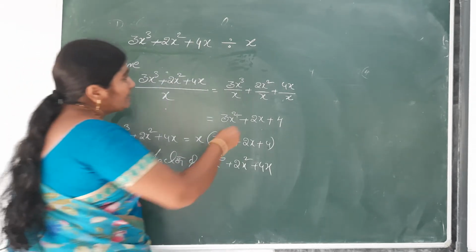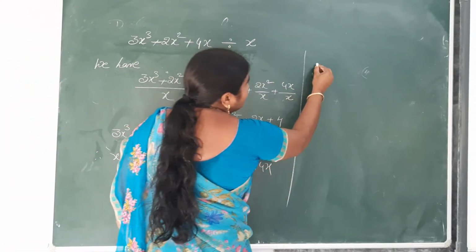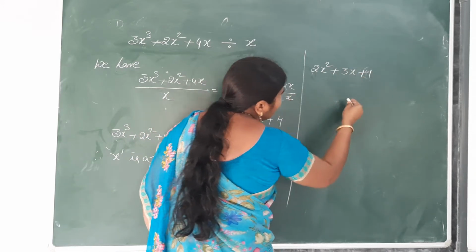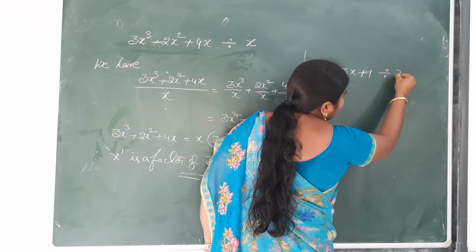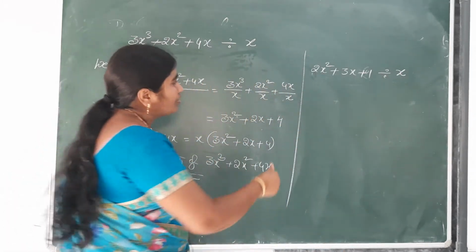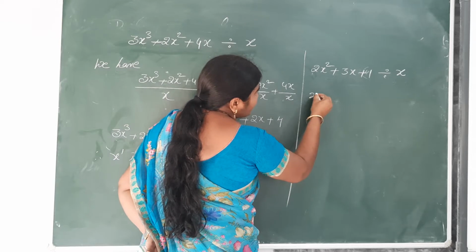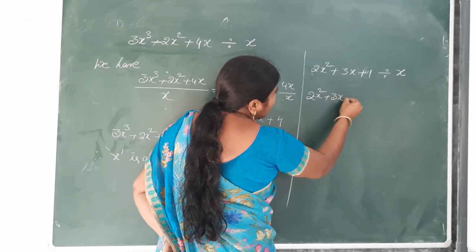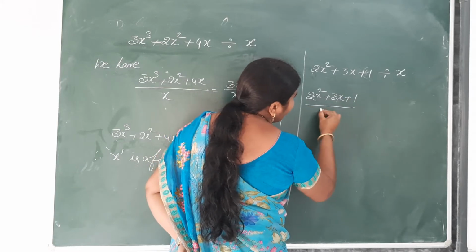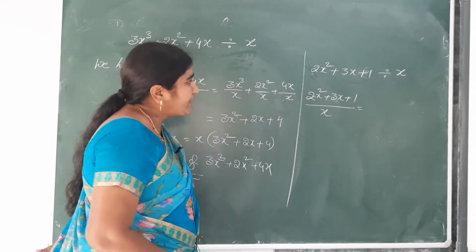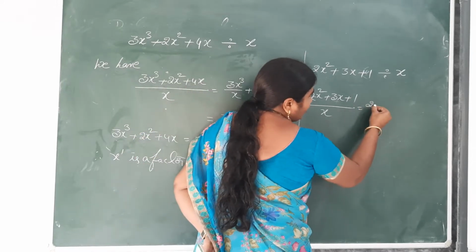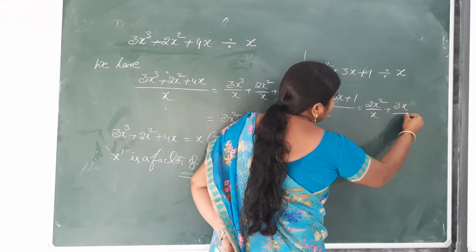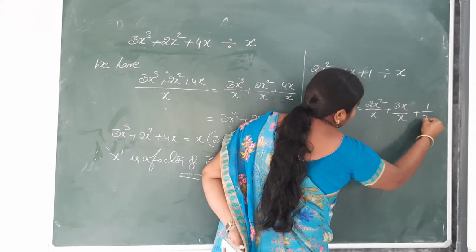Let us consider another example. 2x square plus 3x plus 1 divided by monomial x. We have 2x square plus 3x plus 1 divided by x, and separating each term: 2x square by x plus 3x by x plus 1 by x.